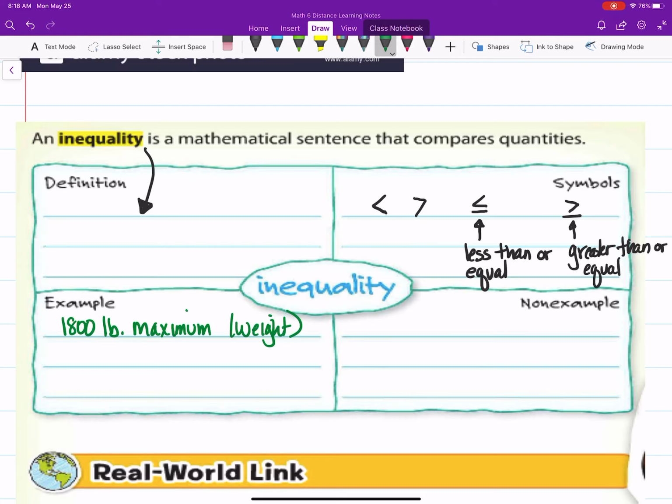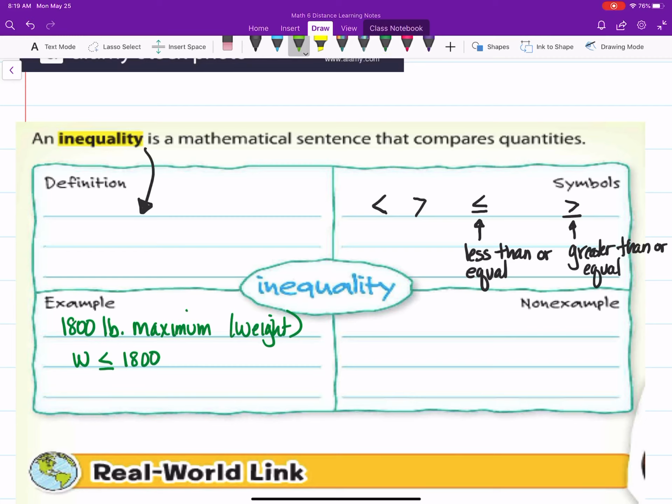The weight's going to vary depending on the time of day, who's riding the elevator, etc. So I'm going to use W because that's the unknown weight. All I know is that weight can be less than 1,800 pounds, but it can also be equal to 1,800 pounds. And so we use that combination of weight is going to be less than or equal to 1,800 pounds.